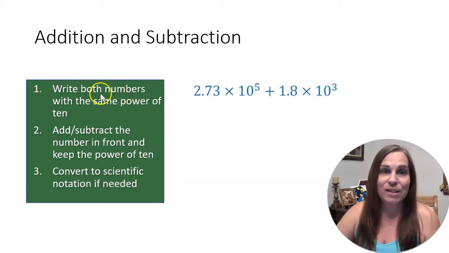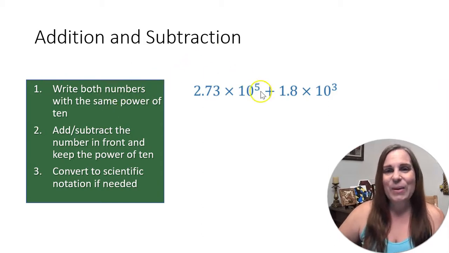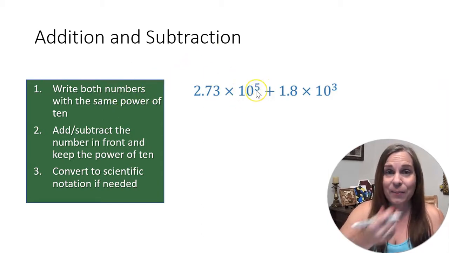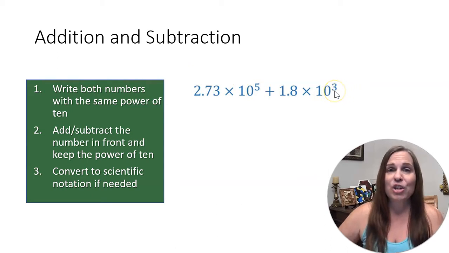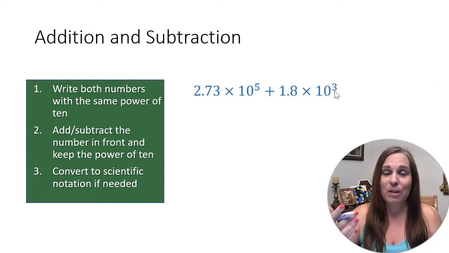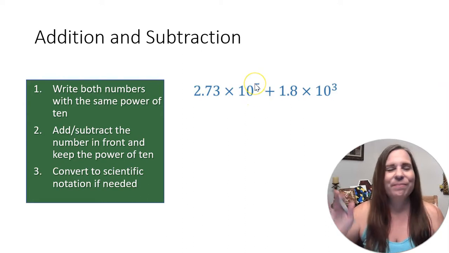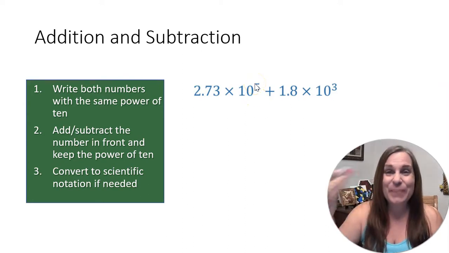So let's do it. So I see that I have 10 to the 5th and I have 10 to the 3rd. So I'm always going to change the smaller one to be bigger, and I'm going to show you how I'm going to do that. Actually, I take that back. I'm going to change the bigger one to match the smaller one.